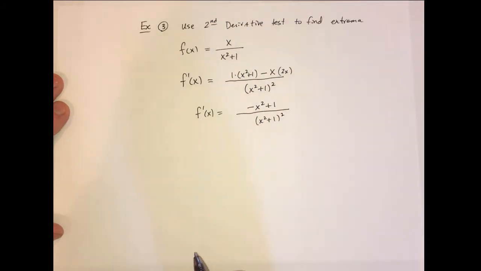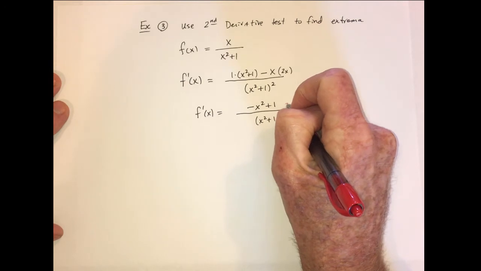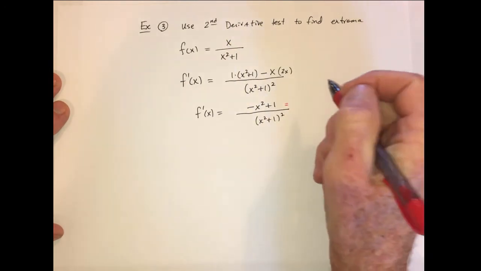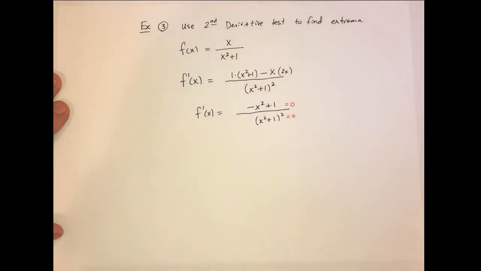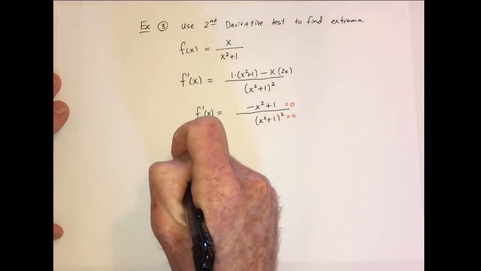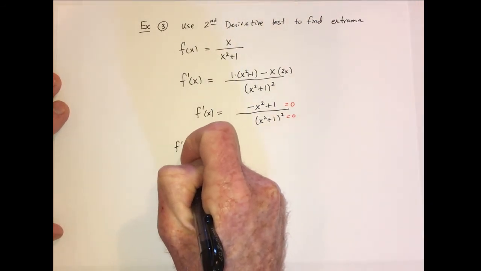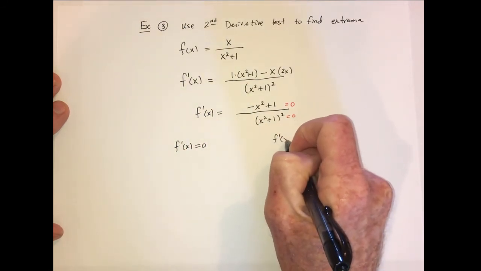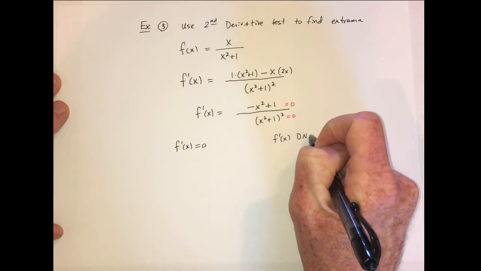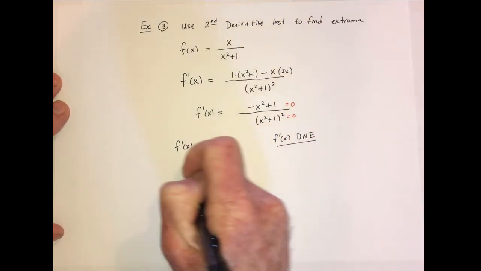And then when you get a rational function, you could then treat it separately. When you take the derivative, you could set the top equal to 0 and set the bottom equal to 0. So one of them is going to be when the derivative equals 0, and the other one is going to be when the derivative does not exist.